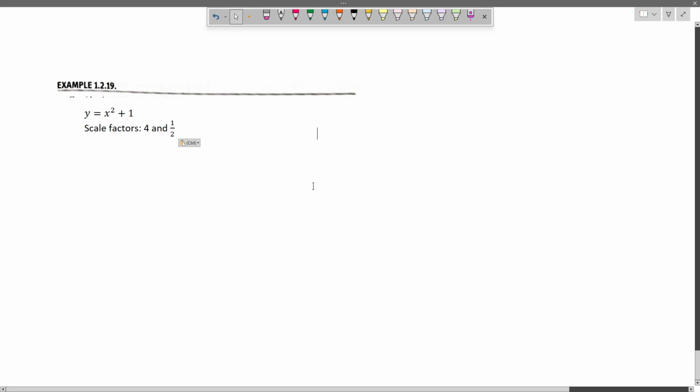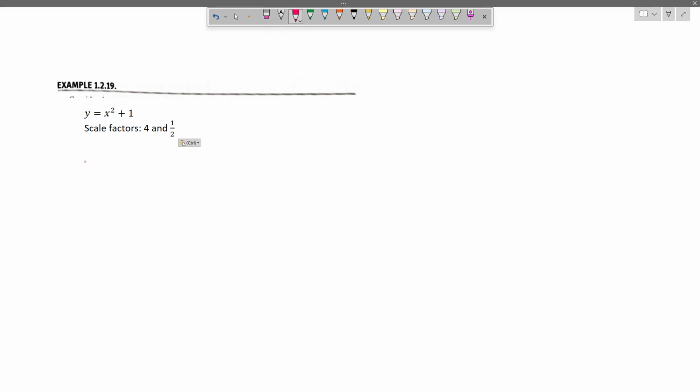So for the scale factors of functions, all we need to do, so for example, we have this parabola. So we have a scale factor of 4 first. So let's have k is equal to 4. So it is the same as the concept that we have in the definition. So x and y will be scaled with a factor of 4.